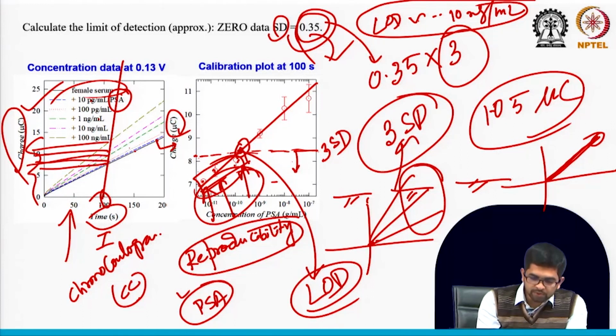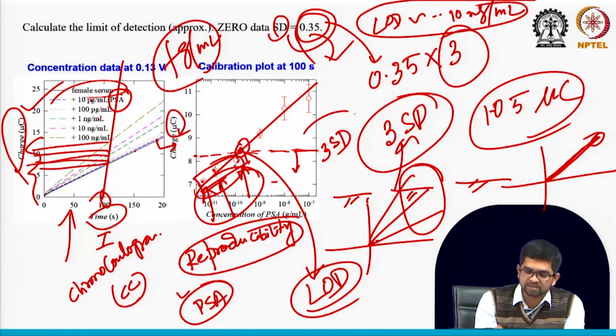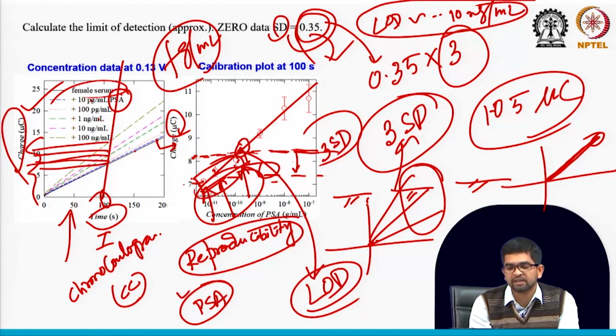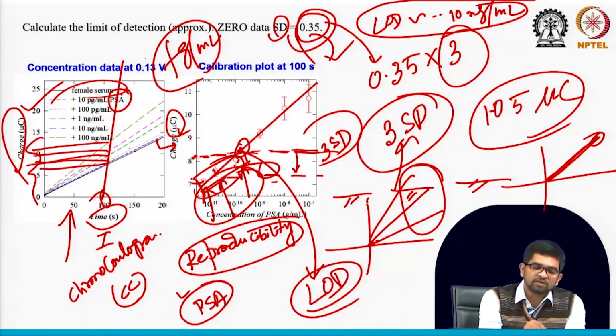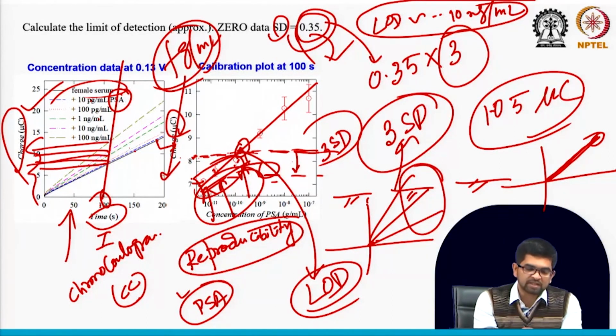But if you can detect with some femtogram per ml, very low, and the 3 times standard deviation line is below it, with your femtogram per ml just above this line, you can say that your biosensor can detect very low analyte concentration.